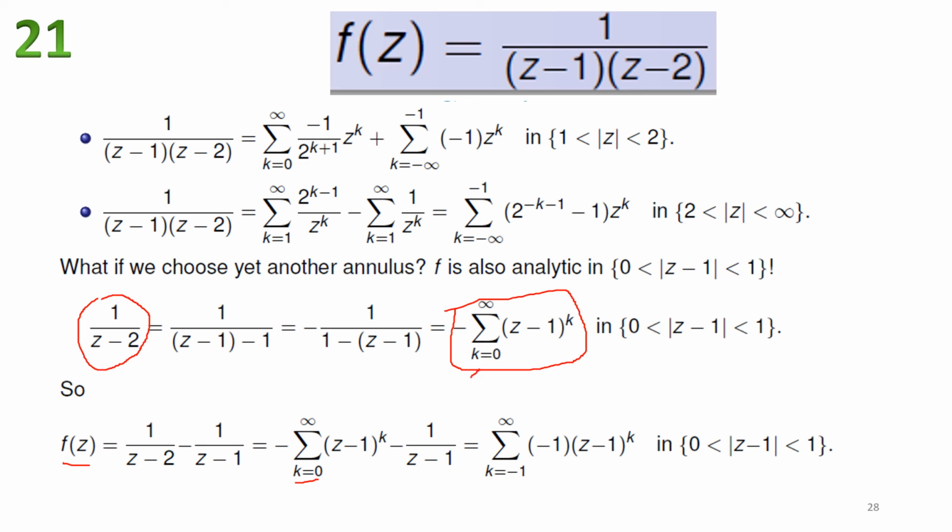So we are replacing this here, and the remaining portion remains as it is. Now when we combine that and we change the powers so that k, instead of starting from k equal to 0, starts at k equal to minus 1. We have done earlier also this kind of adjustments. So minus 1 into (z minus 1) to the power k, where mod of z minus 1 lies between 0 and 1.